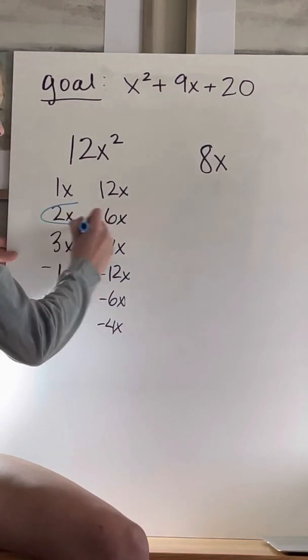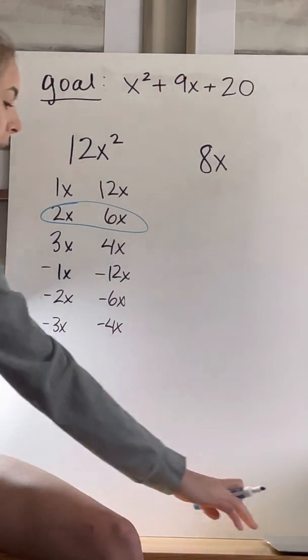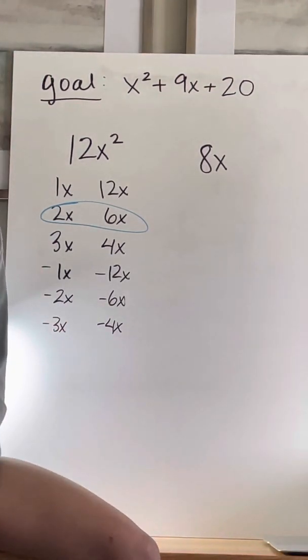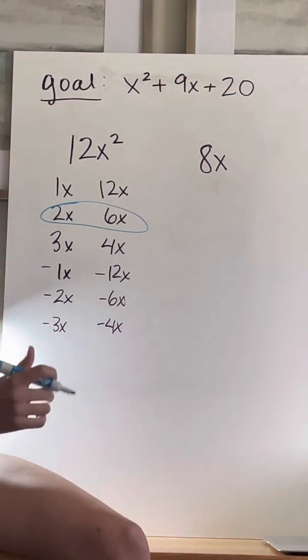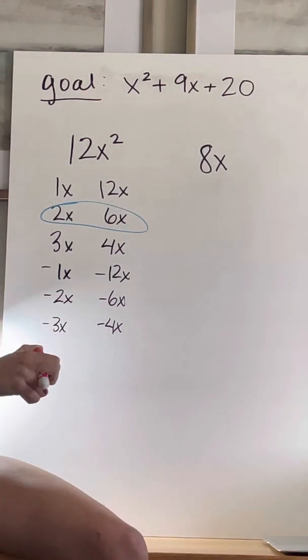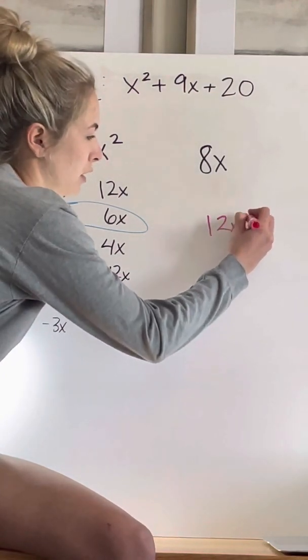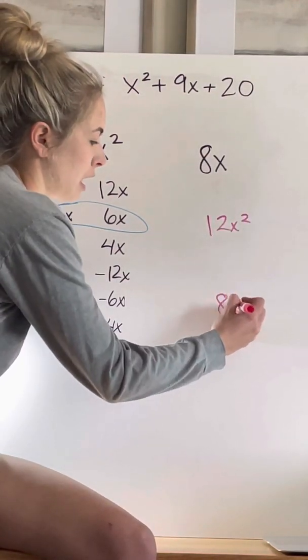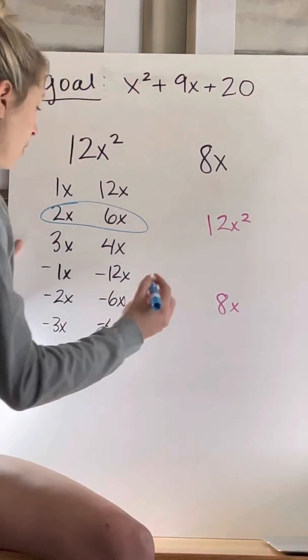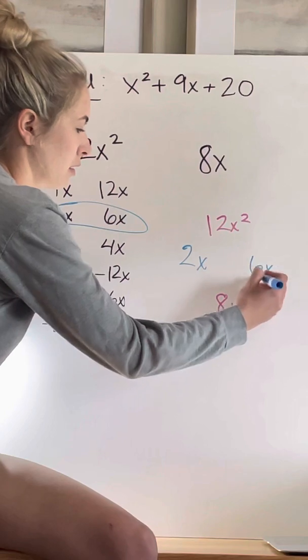It's going to be this one, right? When you add them together, that's the only one that's going to give us a positive 8x term. So that's the one that works. Let's set it up like we did in the first example. We have our product, which is 12x squared, our sum, which is 8x, and our two terms that we found, 2x and 6x, right?